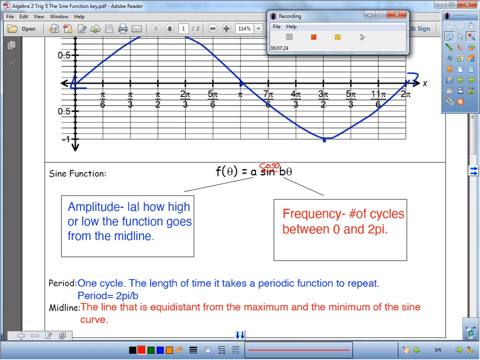The period then is 1 cycle, the length of time it takes a periodic function to repeat. So it starts at 1. How long does it take to get back to 1 for cosine? Okay. And the midline is the line that is equal distance from the maximum and minimum of the curve. For today, we're not translating it at all, so it's still y equals 0 is the midline.